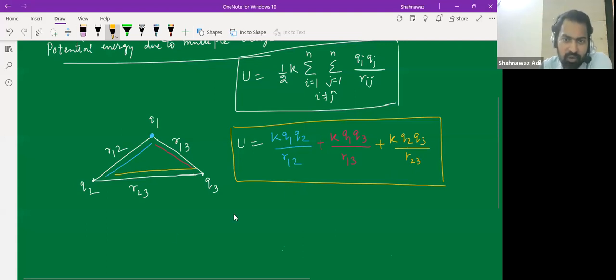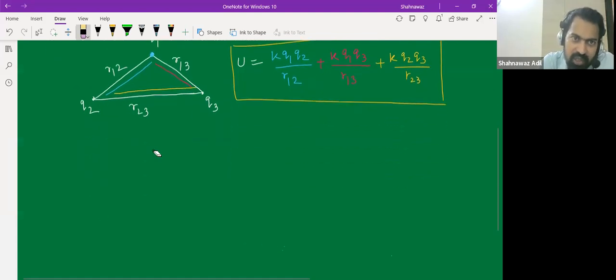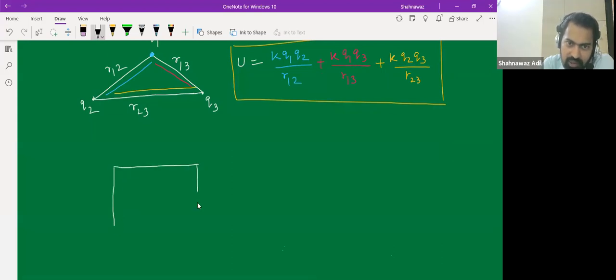So for 3 charges, I have 1, 2, 3 interactions. Let me also show you the example of 4 charges. For 4 charges, how many interactions? You have also done this problem in your CBSE class, but let me just revise this for you.